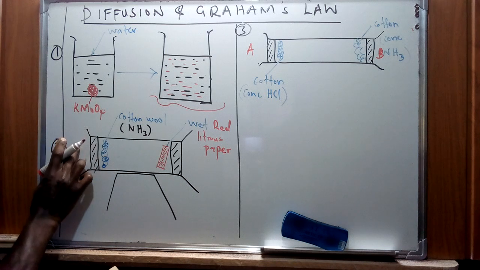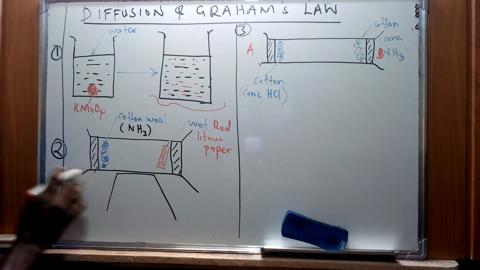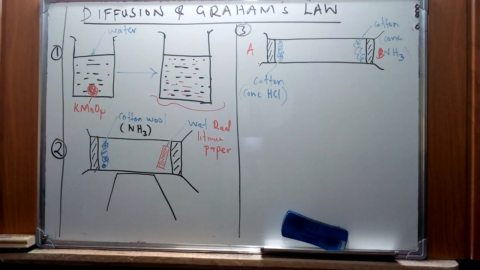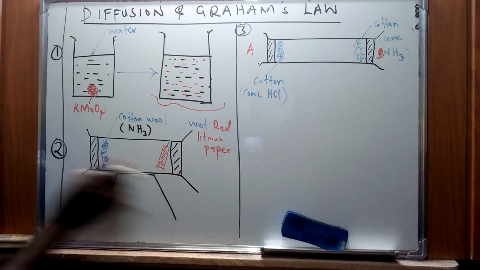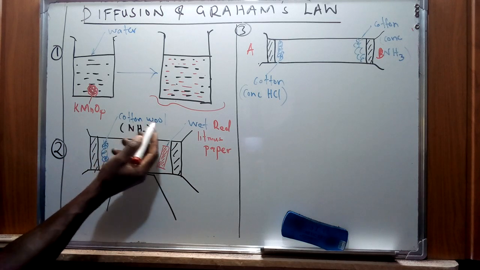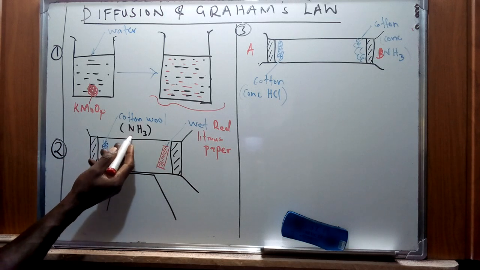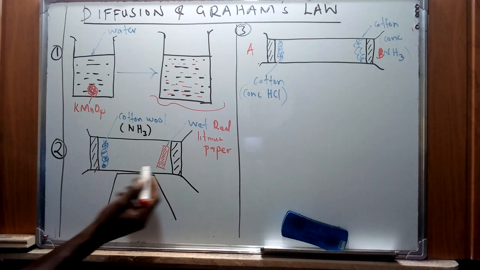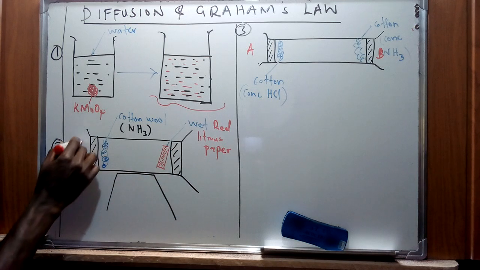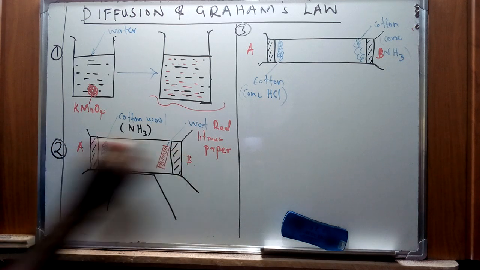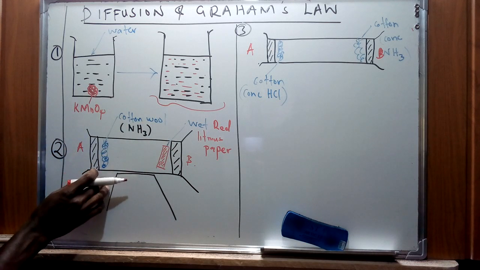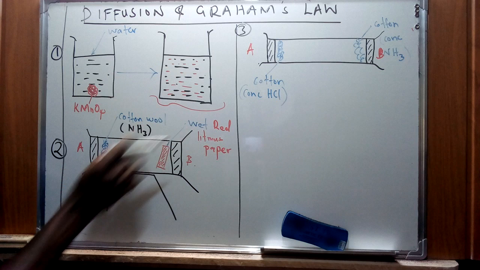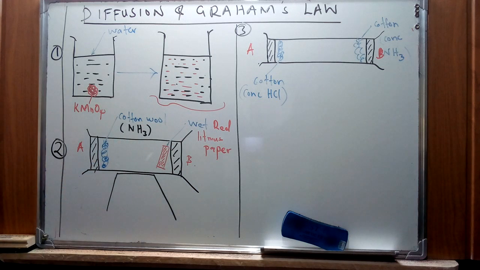Now in the second setup we have a combustion tube, secured on both sides. Let's refer to the ends as end A and end B. At end A we have cotton wool that is soaked in ammonia, and at the other end we have a wet red litmus paper.